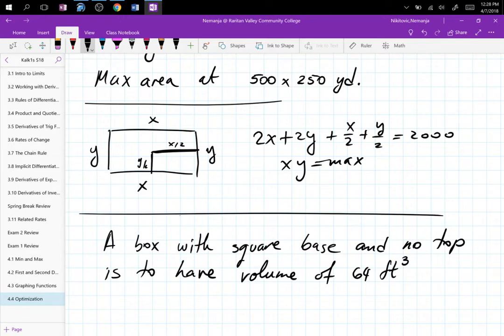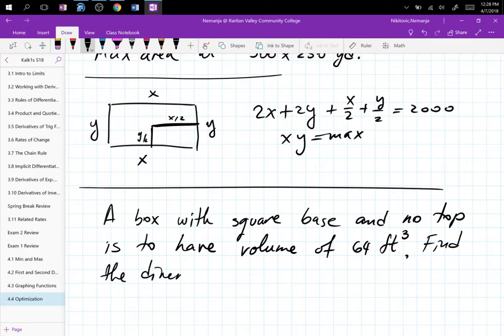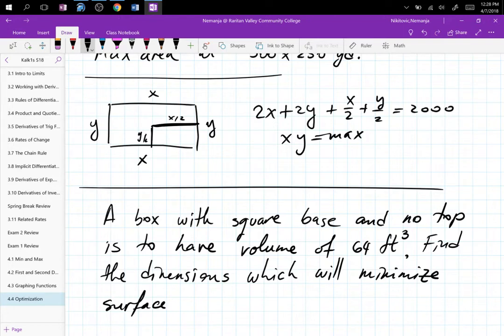So a box with square base and no top is to have volume of 64 feet cubed. Find the dimensions which will minimize surface area.